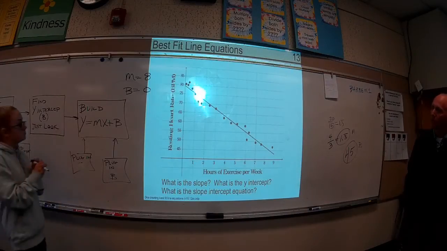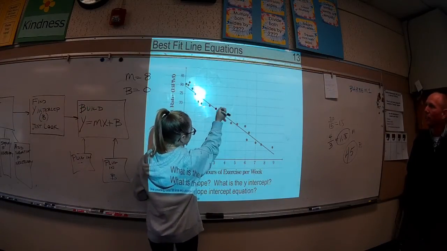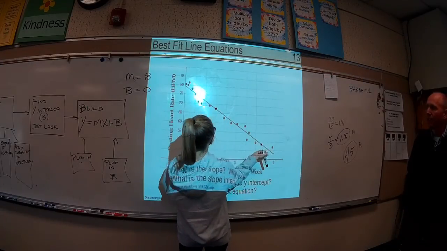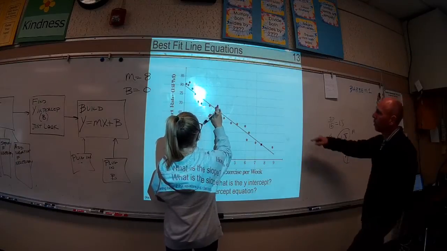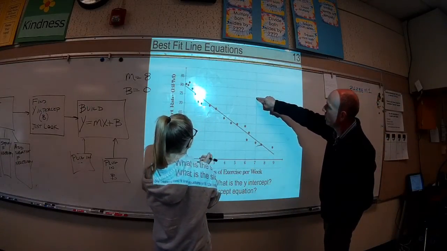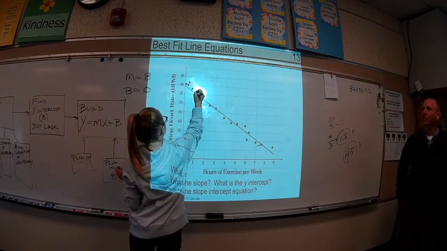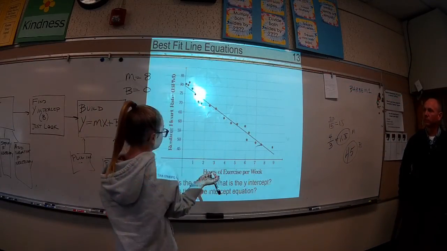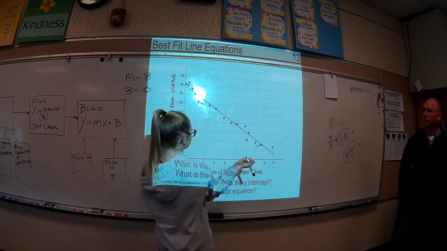I'll admit, there aren't a lot of them; it's the ones that are good enough. That one is not a good point. What you're looking for are points that fall perfectly or really close to perfectly on the graph paper. That's a good point. Oh, there's one right there. Up a little bit.